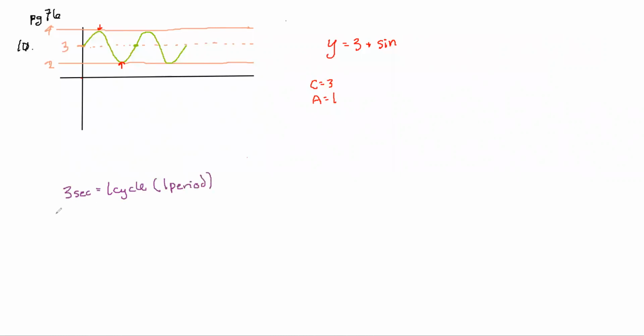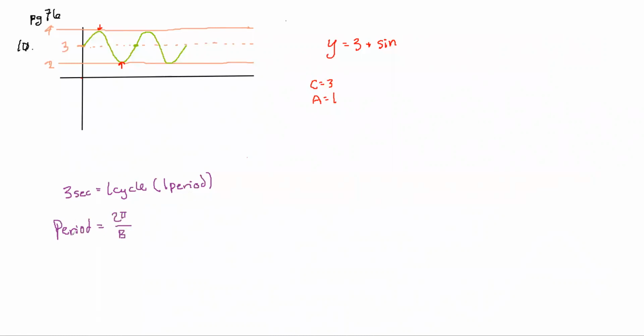So what is a period equal to? 3 seconds. Yeah, 1 cycle is equal to 3 seconds. So what is our equation to find a period using b? We say that period equals 2 pi over b. So here, instead of having b, we're solving for b.